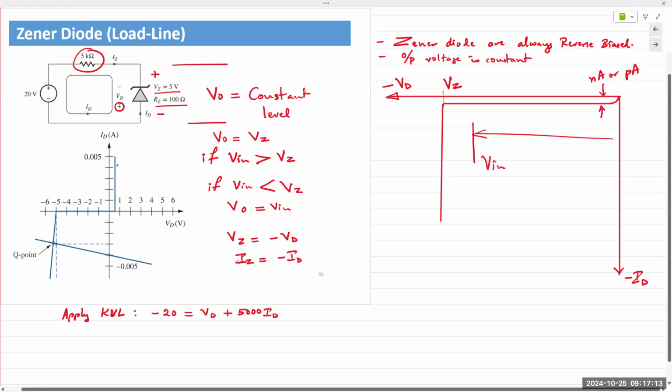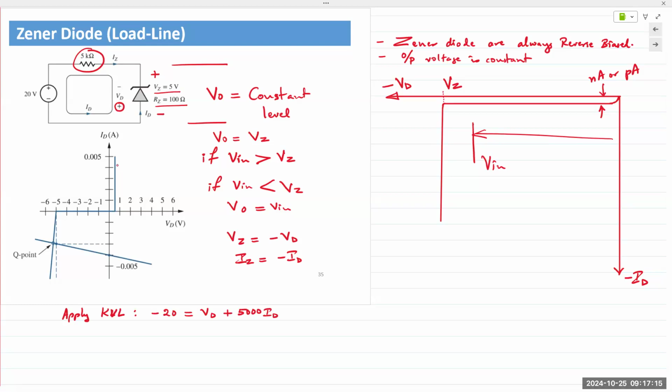Essentially, the source voltage is divided across the diode and across the resistor.